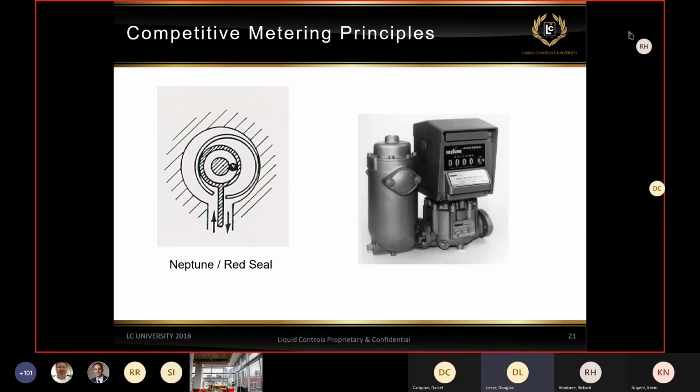Now the Neptune, or Red Seal as it's known today, is an oscillating piston. The shaded area in the center, that's a fixed location in the metering chamber that has a wear plate that divides the inlet and outlet. And then it has a hub that's on the middle of this piston that's oscillating back and forth.